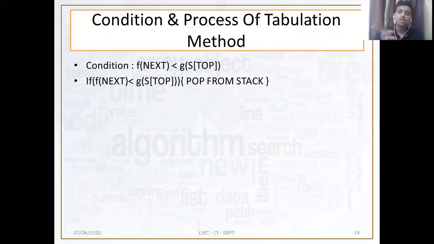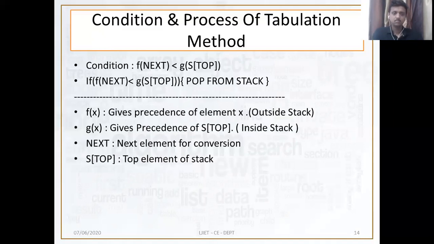Both cannot be equal because as per our precedence table, no symbol has the same precedence in the outside and inside stack columns. Now, if f of next is less than g of s of top, then pop the element from the stack, else push.